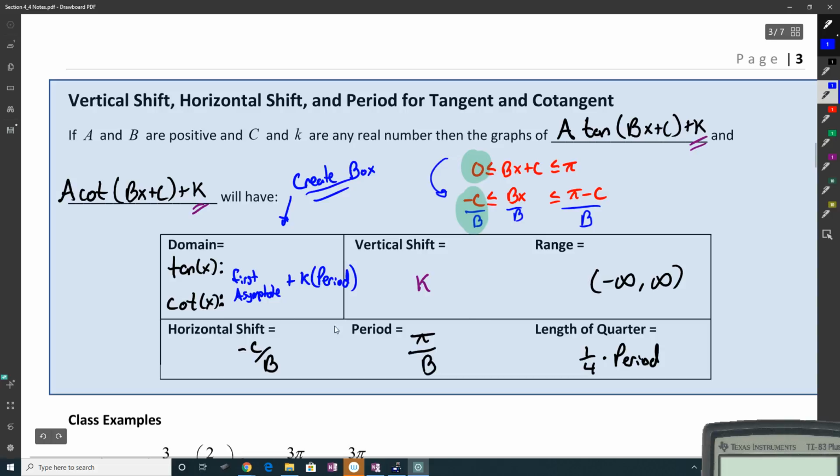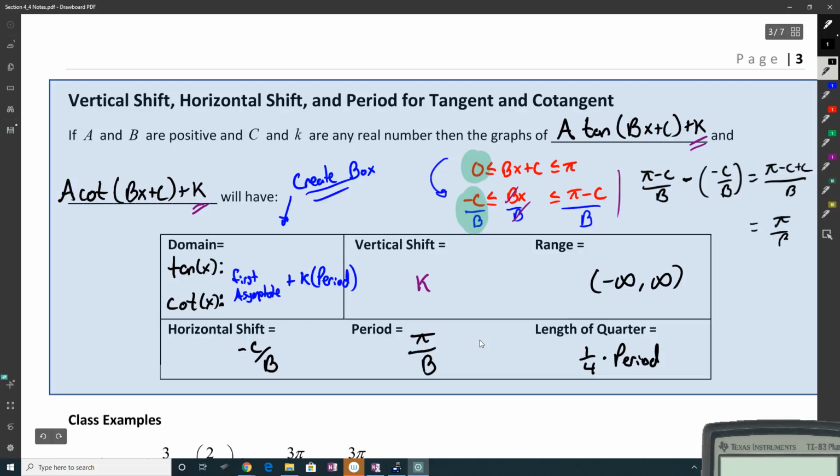So that's the horizontal shift. Now the period is just getting the two sides, and so that canceled out, and subtracting them. So for the period, it's pi minus c over b, and then minus negative c over b. And so that's pi minus c plus c over b, which is just pi over b. So that's the proof if you wanted to get it.